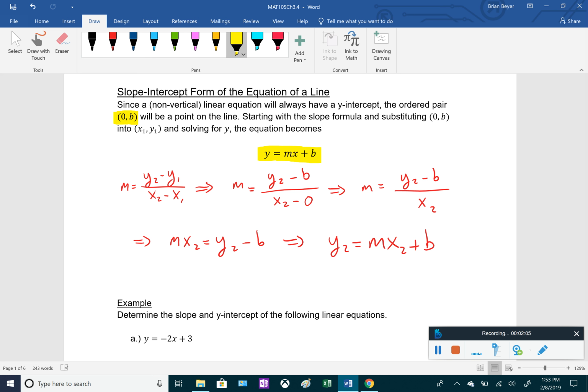So x and y is any coordinate on the line, m is the slope, and b is the y-intercept. Okay, so I'll just label that. b is the y-intercept, and m is the slope. So that is the slope-intercept form for the equation of a line.